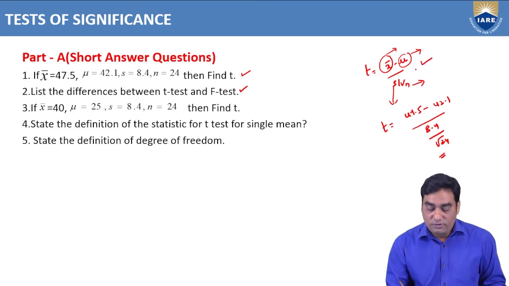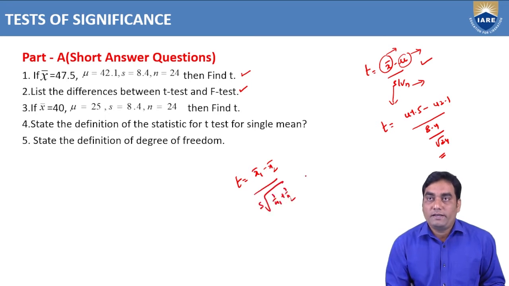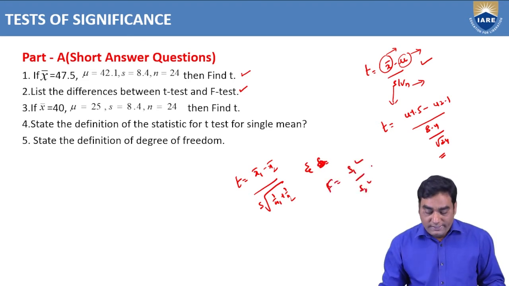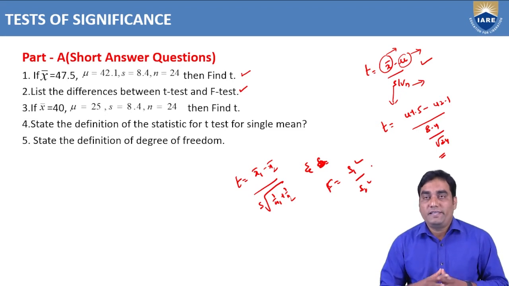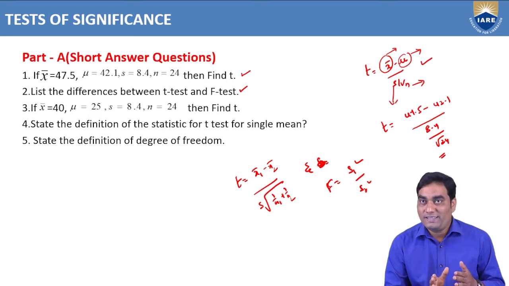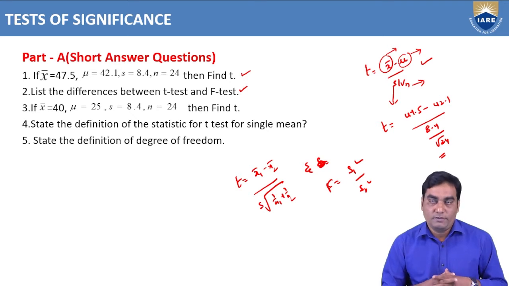This is the t-test formula. The t-test for difference of means is x1 bar minus x2 bar by s into under root of 1 by n1 plus 1 by n2, and F is s1 square by s2 square. In both cases, we require two different samples. But in the t-test, we test whether there is any difference between the means of the samples.